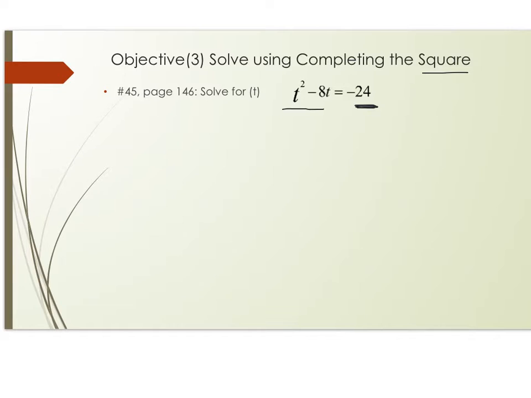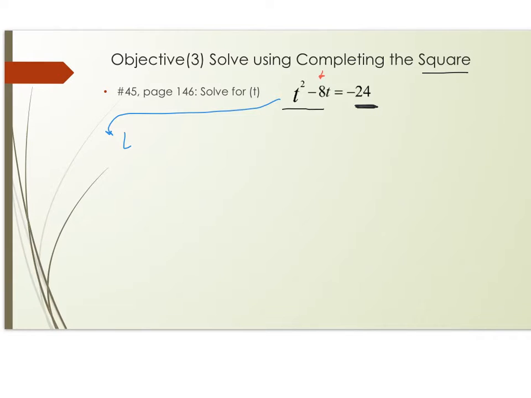So the idea here is we're going to take the middle number, the t coefficient, take half of that, square it, and add it to both sides of the equation.